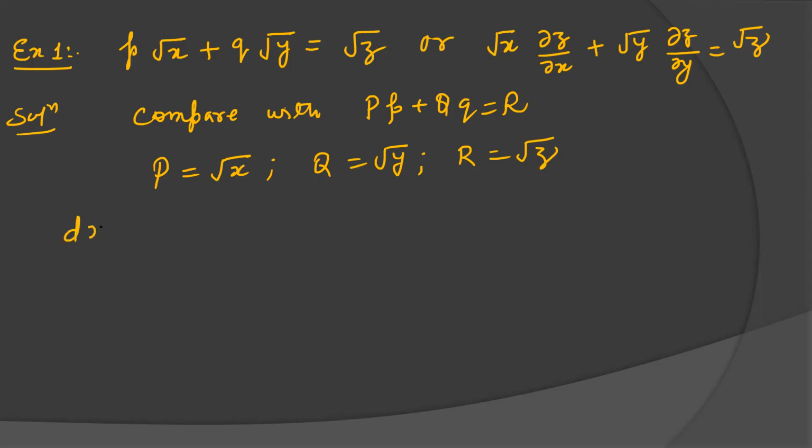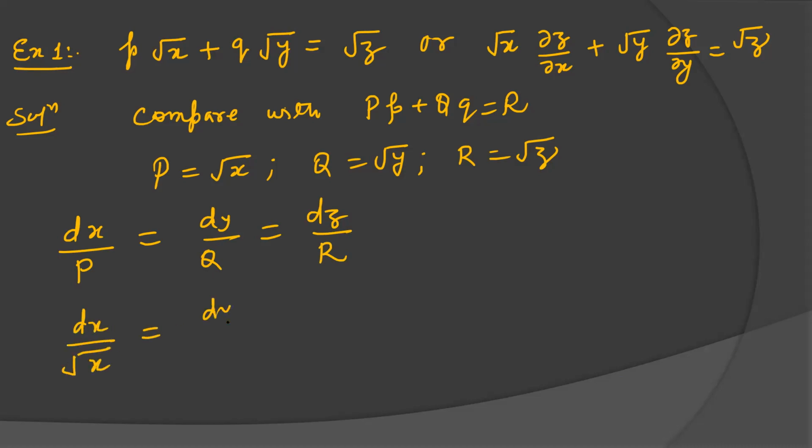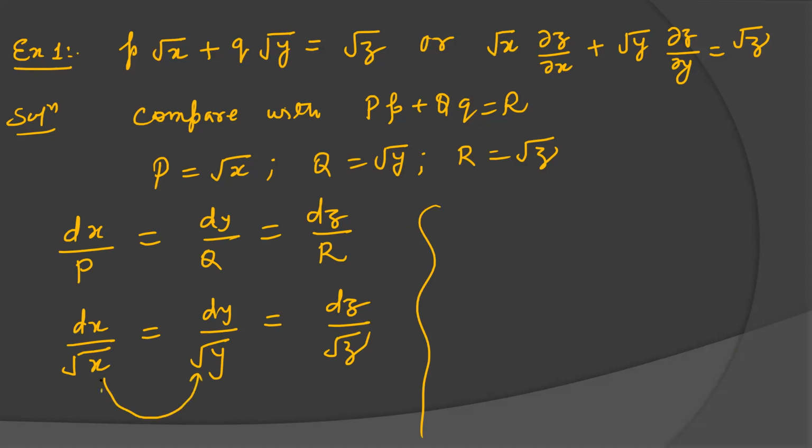Now we will write in this form: dx by P equal to dy over Q equal to dz over R. Put the value of P, this is root x. This question is very easy: dy over root y and dz over root z. Now you can take any of the first equality. If you take the first equality, dx by root x equal to dy by root y.